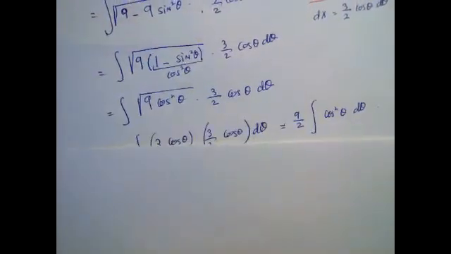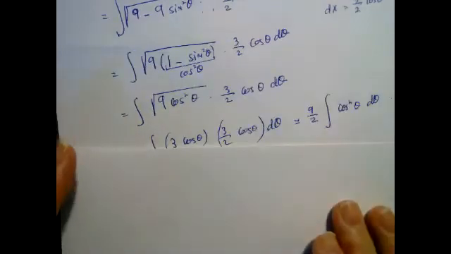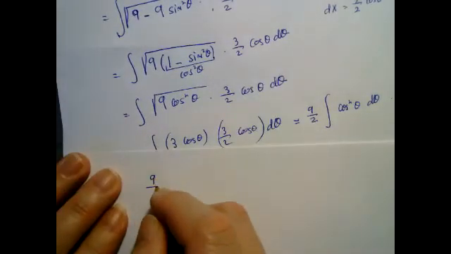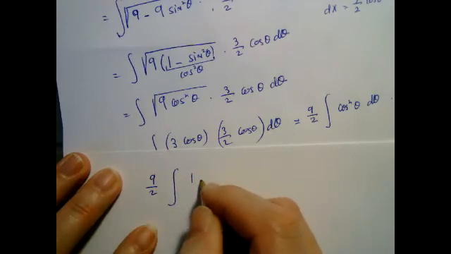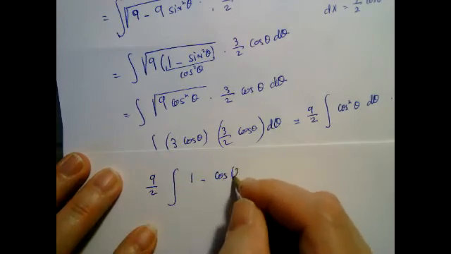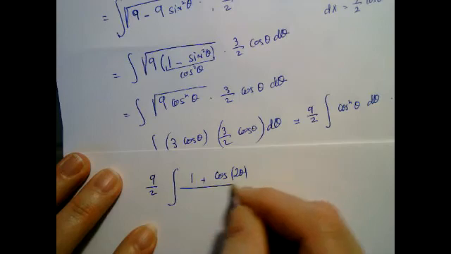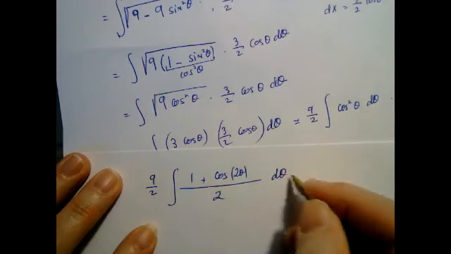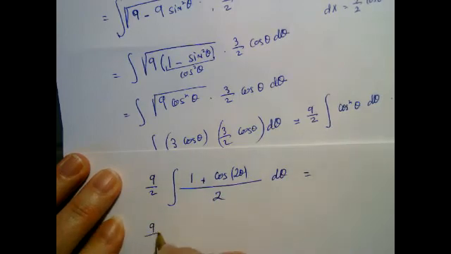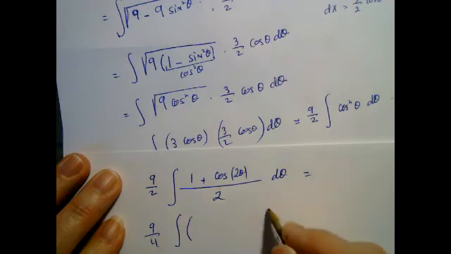So it's going to be equal to 9/2 times the integral of 1 plus cosine 2 theta over 2, which gives me 9/4 times the integral of 1 plus cosine 2 theta.